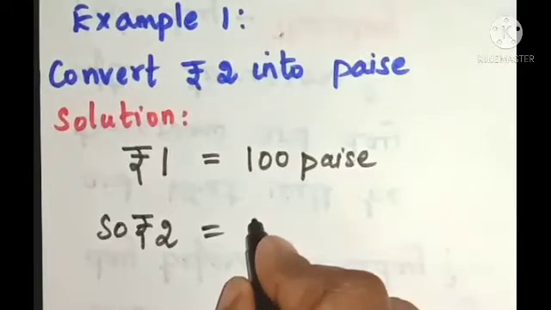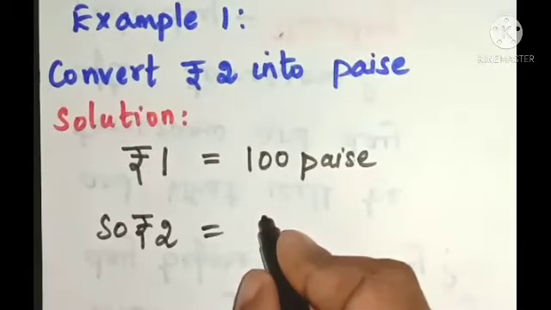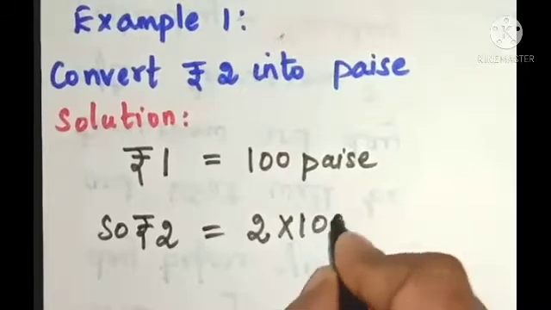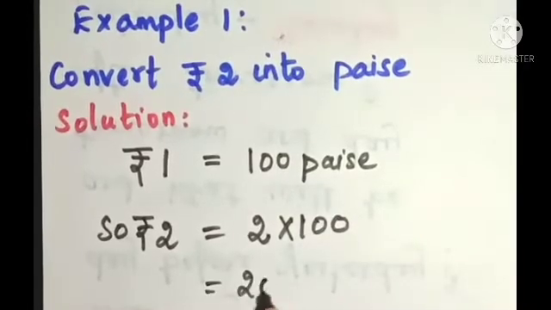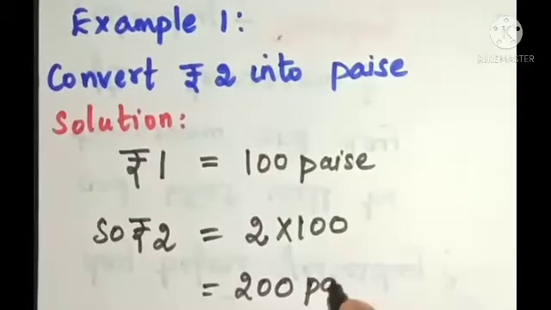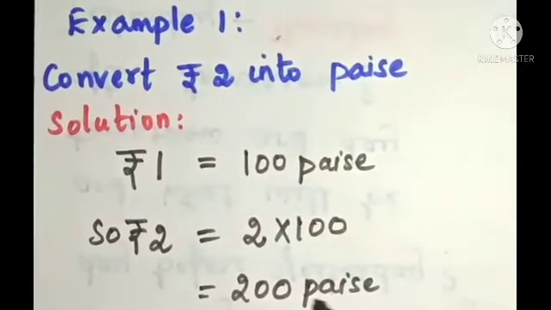Yes, we have to multiply the rupees by 100. That is 2 rupees into 100. We get 200. To convert rupees into paise, write down paise, 200 paise.